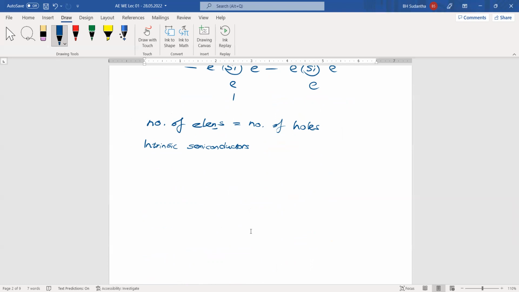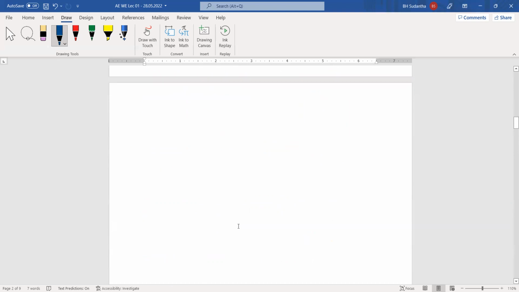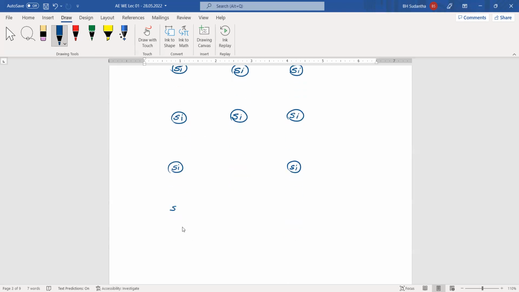Now we have this structure here, silicon, silicon. What people did, after realizing all these things, was introduce different elements into this structure.